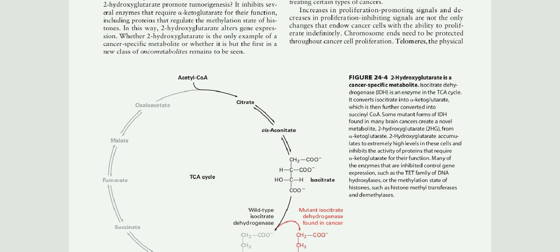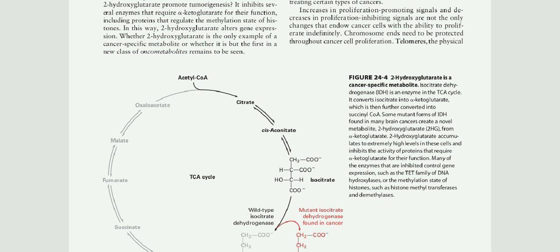Some mutant forms of IDH found in many brain cancers create a novel metabolite, 2-hydroxyglutarate, 2HG, from alpha ketoglutarate. 2-hydroxyglutarate accumulates to extremely high levels in the cells and inhibits the activity of proteins that require alpha ketoglutarate for their function. Many of the enzymes that are inhibited control gene expression, such as the TET family of DNA hydroxylases and the methylation state of histones, such as histone methyltransferase and demethylase.